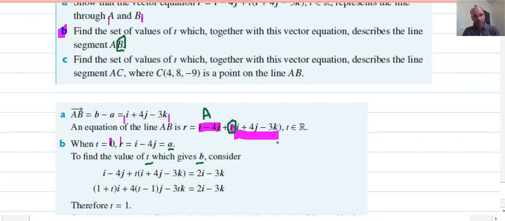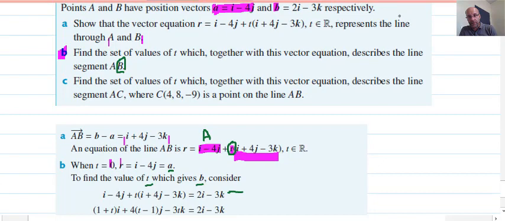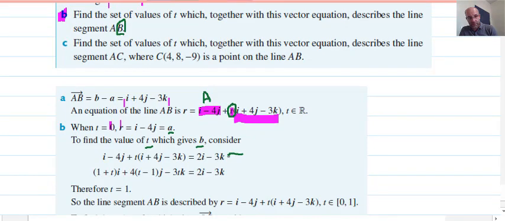And so writing that down, we need to equate these here. As you can see, now we know from the given information above what the position vector for B is. Remember, it was 2i minus 3k. So we've got that there, and we need to equate those there.